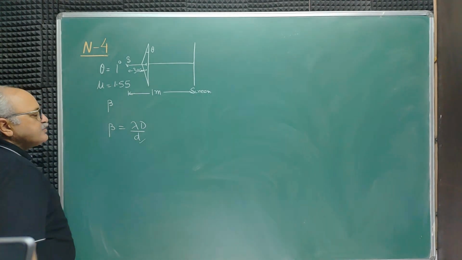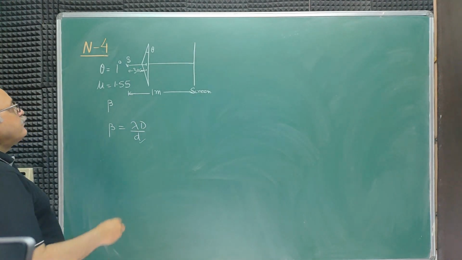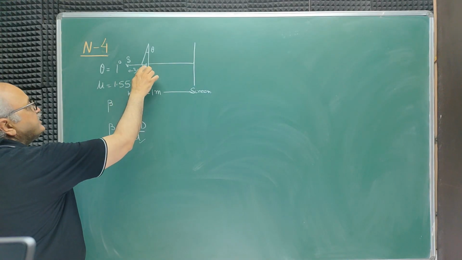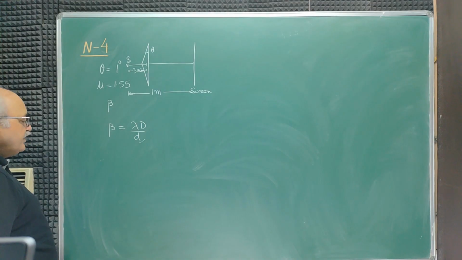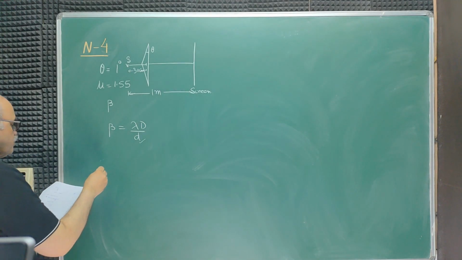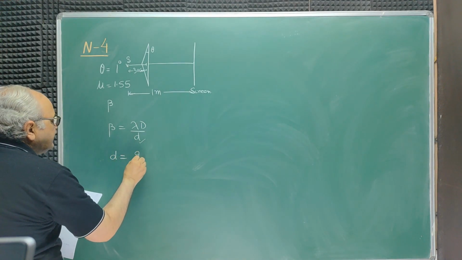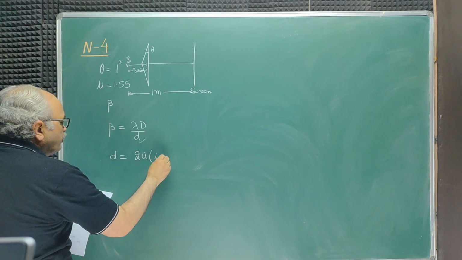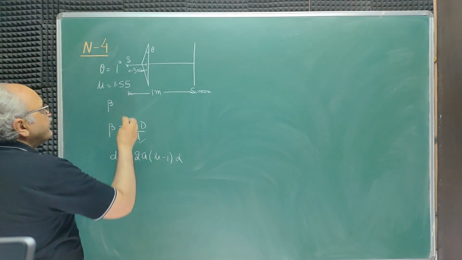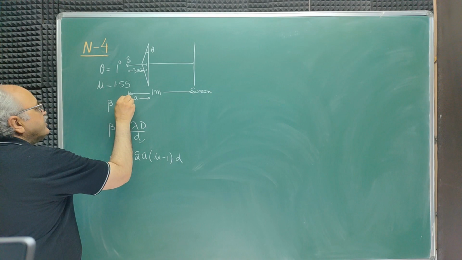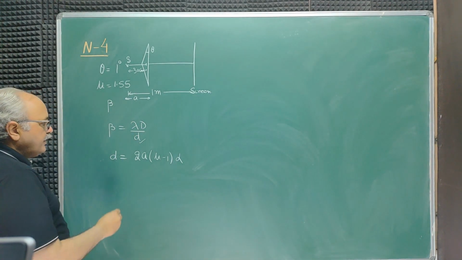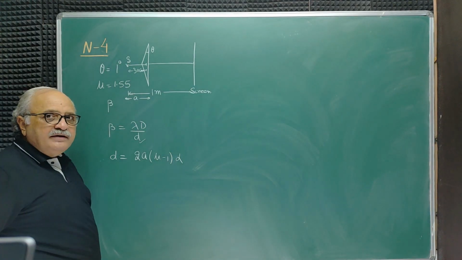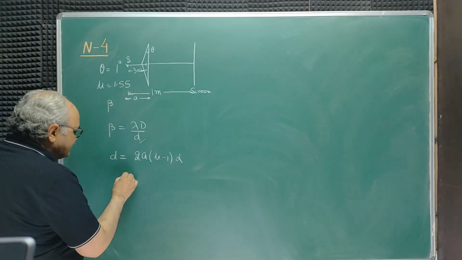Only small d is not given to us, but we have discussed in the initial section that if this type of situation is there, then the small d is going to be twice of a into mu minus 1 into alpha, where a is this separation which is between the biprism and the source slit. But we have to keep this alpha in radian as we discussed in that case also.